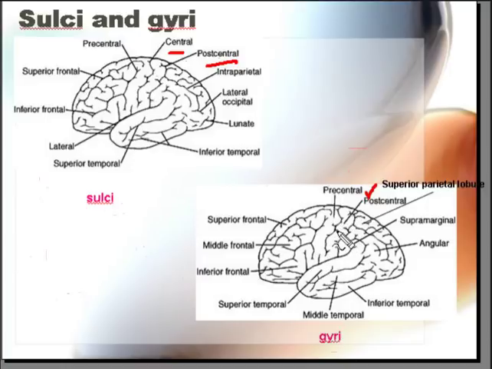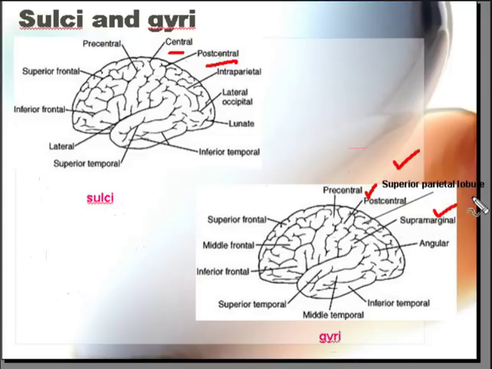Then we have an area above the intraparietal sulcus. The part above is known as the superior parietal lobule. The part below is divided into two. You have one which is known as supramarginal gyrus, and the other part which is known as the angular gyrus.